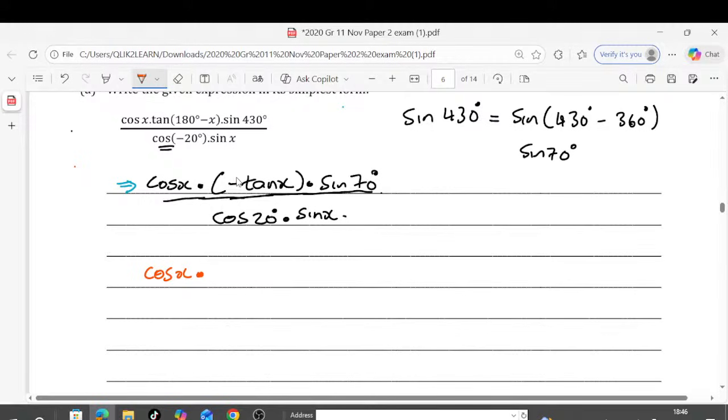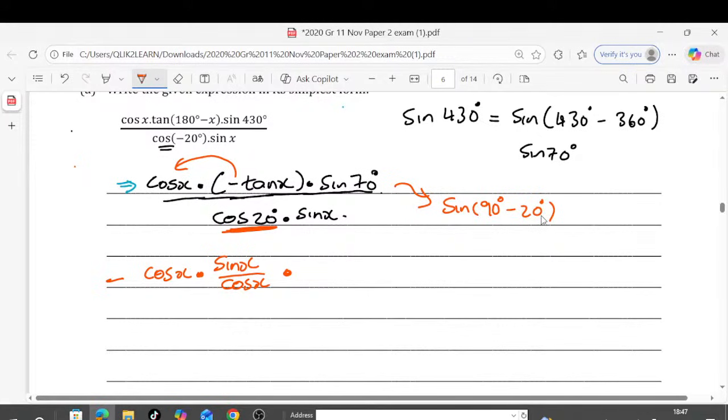okay, let's bring the negative out. So this is negative, therefore I know that tan is sine x over cos x. This is multiplied by sine 70. I need to make sine 70 the same as cos 20. So I can write this as the sine of 90 degrees minus 20, and this is in quadrant 1.